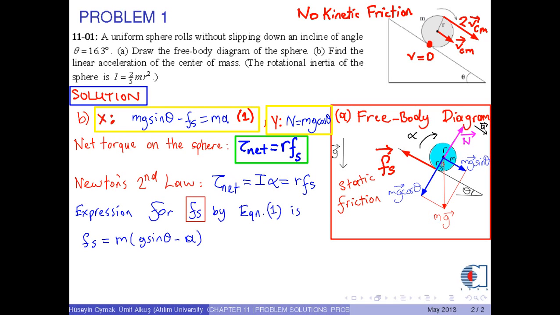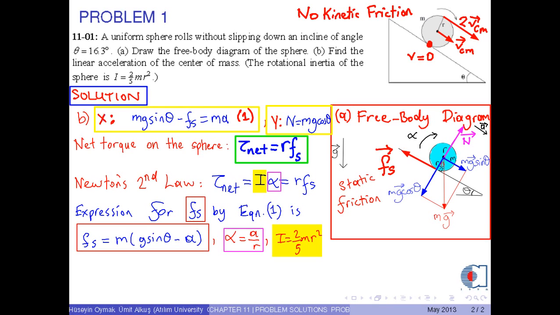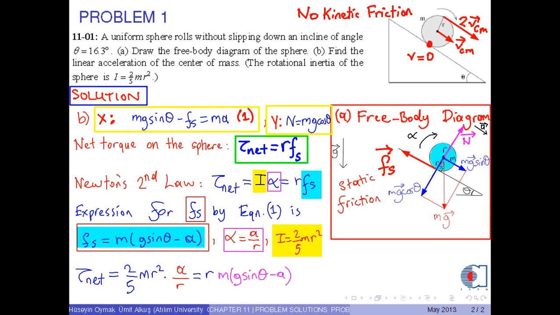We use the expression for Fs from equation 1 as Fs equals m g sine theta minus m a. And because alpha equals a over r and I equals 2 over 5 times m r squared, the expression for net torque is written as 2 over 5 times m r squared times a over r equals r times m times (g sine theta minus a).